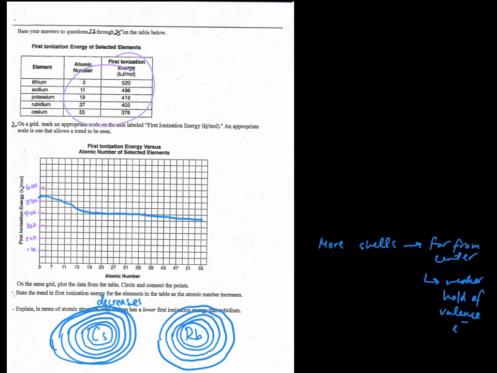It has a weaker hold because it's so far from the center that the nucleus can't really hold on to its electrons that strongly compared to rubidium, which is smaller in size. Cesium being bigger has a weaker hold on its electrons. Okay?